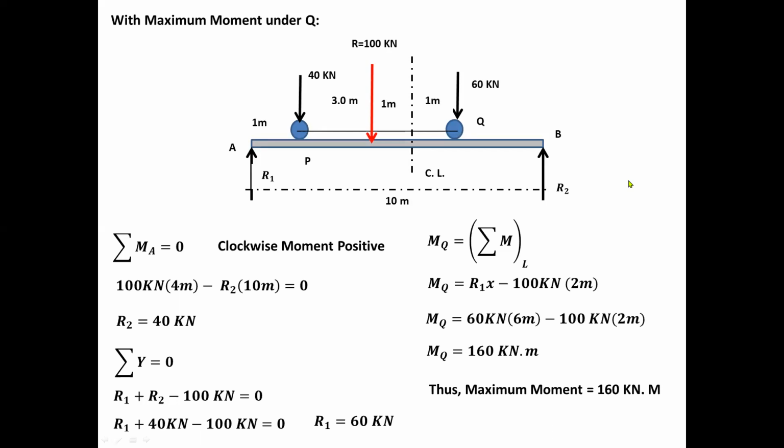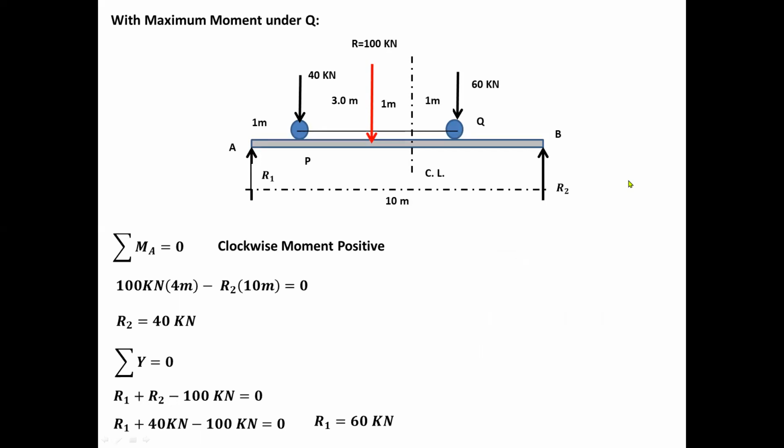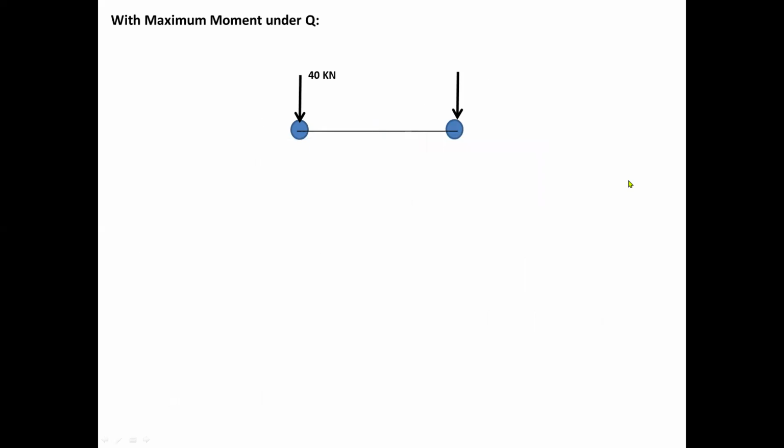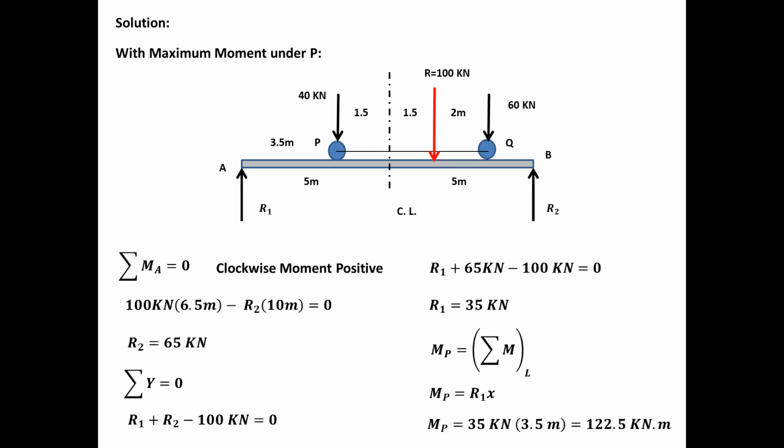Siyempre, pipiliin natin yung maximum talaga. Kanina kasi ang MP natin, kung babalikan natin ang ating computation kanina, ang value ng ating MP, let us see, is 122.5 kilonewton meter lang.